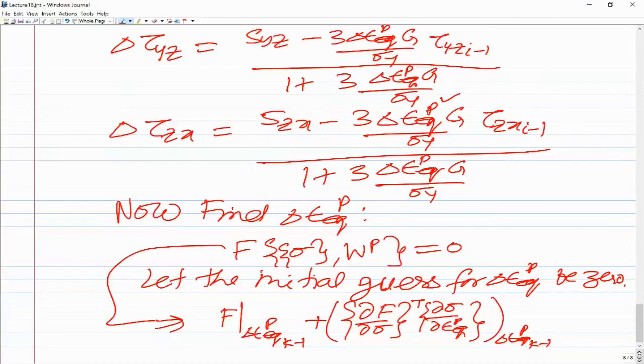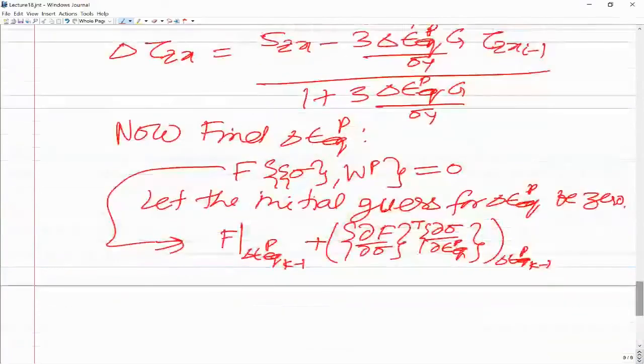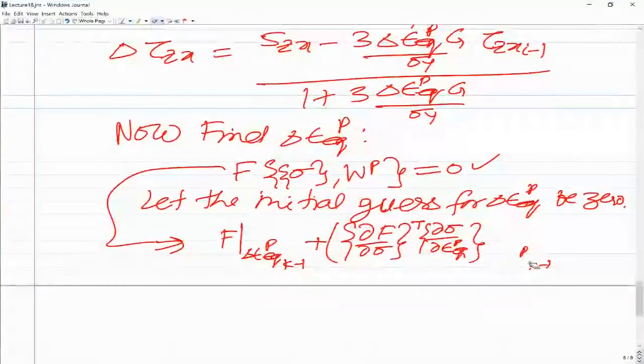There would be one more term, so let me write all the terms together. We are just using the Taylor series to solve this ultimately, because all the stresses are in terms of delta epsilon equivalent p, so we are able to solve this equation for delta epsilon equivalent p.